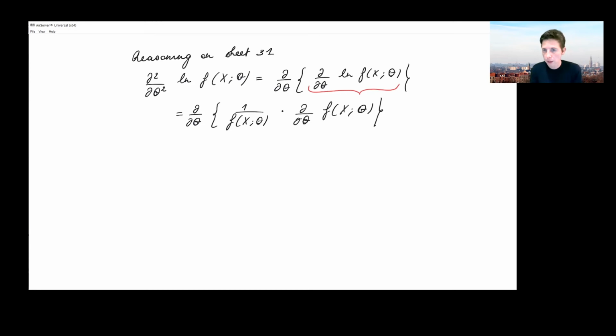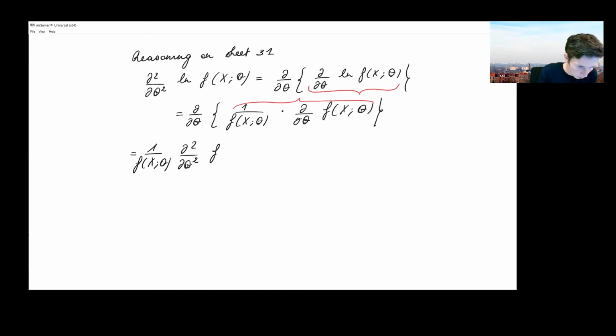And if I now look at taking the derivative with respect to theta, I need to work with a product of two functions, right? So if I work out the next derivative, first of all I could say it's 1 over f(x; theta) times the second order derivative of the density.